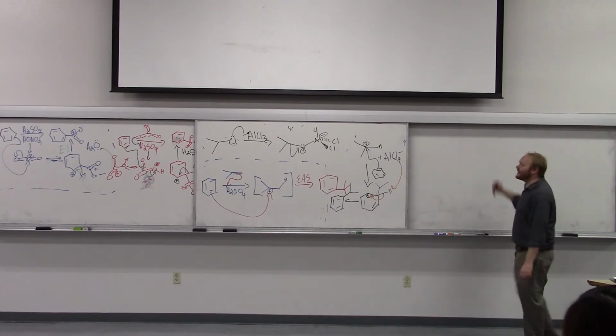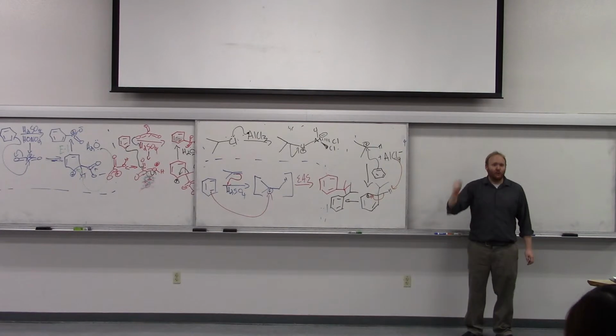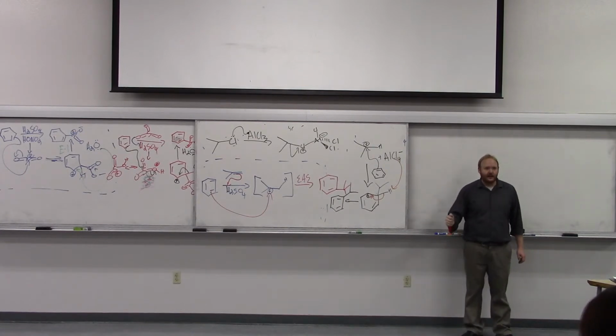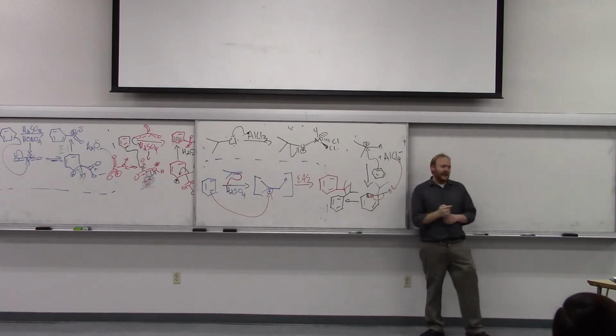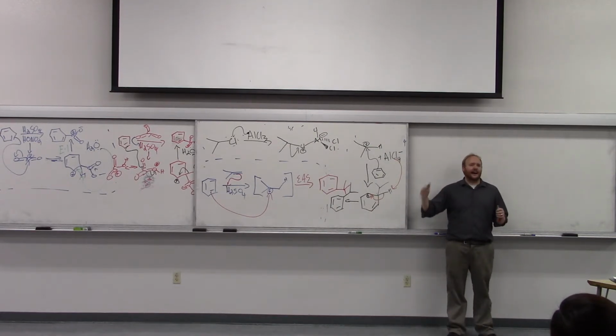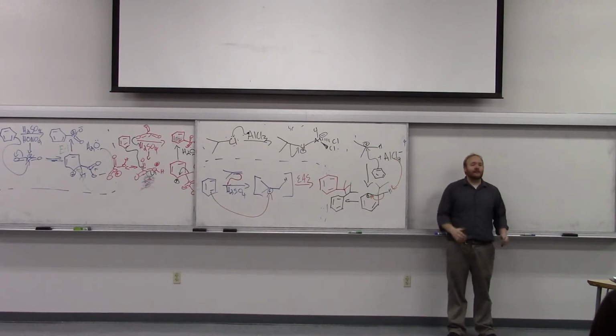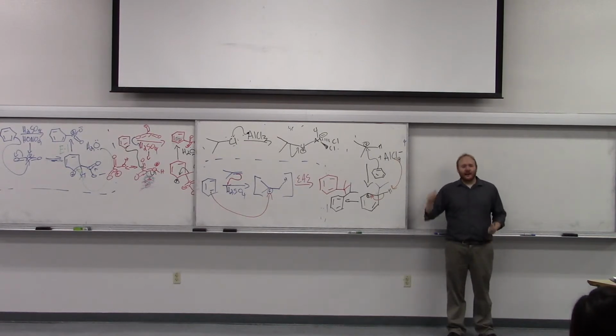Rearrangements are a pain in the butt with Friedel-Crafts alkylations. And so in general, just a little philosophical thing, if you generate something with high carbocationic character that can rearrange to give a more stable carbocation, it will. Because that's what carbocations do. They rearrange until there's the most stable carbocation.